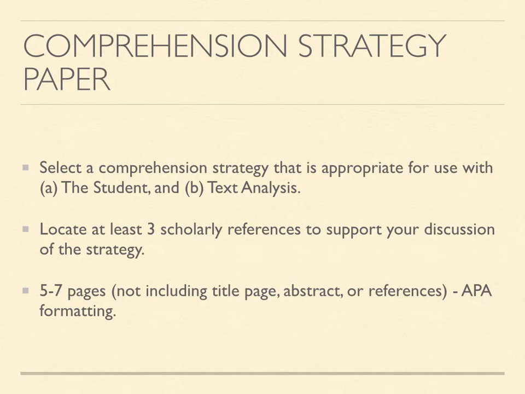Those should typically come from peer-reviewed journals, but I would be okay if you found 1 book chapter and 2 peer-reviewed sources. That would be acceptable. Some strategies have more research-based and peer-reviewed journals than others. The paper should be roughly 5 to 7 pages, not including the title page, abstract, or references, and should be in APA format.